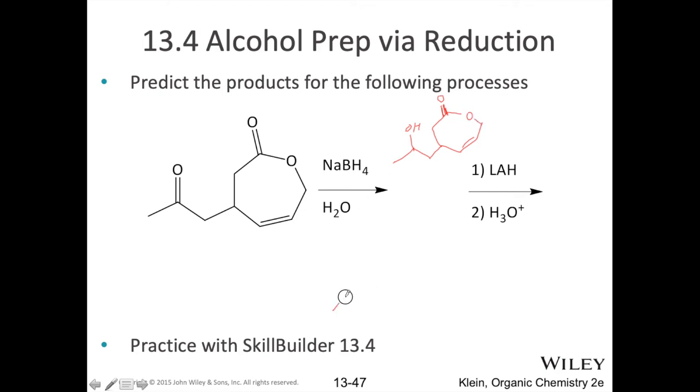But basically, it looks like we start off with this. I'm going to have that turn into an alcohol group. And here I've got 1, 2, 3, 4 atoms to get to that alcohol group. And there's my double bond. Then a carbon there. And so this is the product that we get after we react with lithium aluminum hydride.